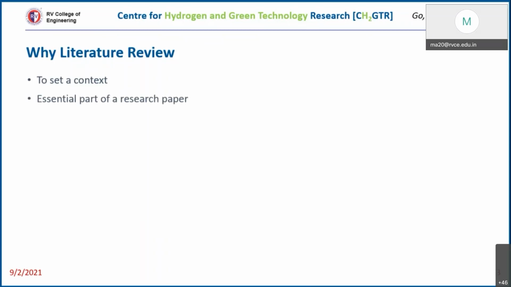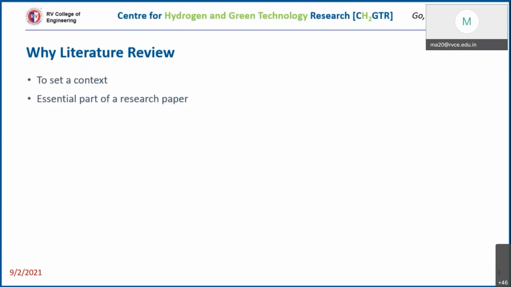As a researcher, you will end up publishing your work. It could be an experimental work. While publishing your work as a research paper, this literature review becomes an essential part of it.